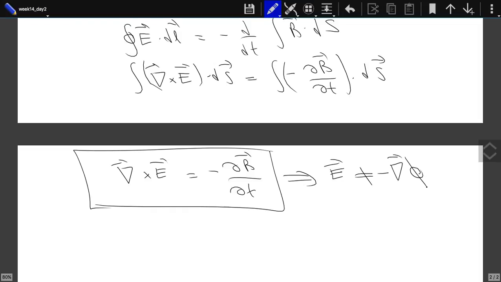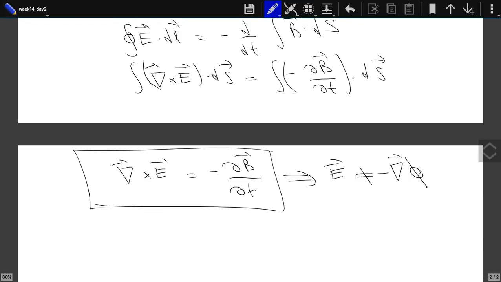E cannot be written as the gradient of some potential, because if a function is given as the gradient of some scalar potential, then its curl is automatically zero. So if there are changing magnetic fields, the electric field is not the gradient of a potential. Basically, we cannot define a potential if there are changing magnetic fields.